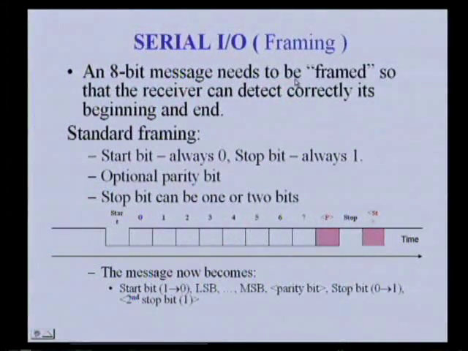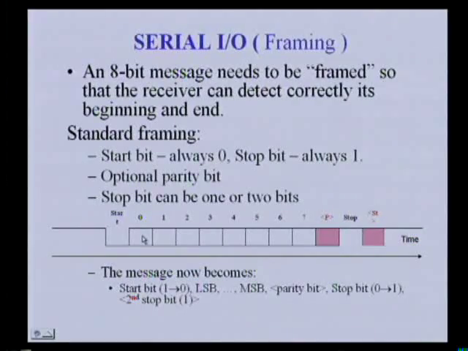An 8-bit message needs to be framed so that the receiver can detect correctly its beginning and end. Standard framing: start bit always 0 and stop bit always 1. Optional parity bit, that is, we can use a parity bit or not. Then the stop bit can be 1 or 2 bits, and in this diagram you see the start bit is low, that is, it is going from 1 to 0, that stands for the start bit.